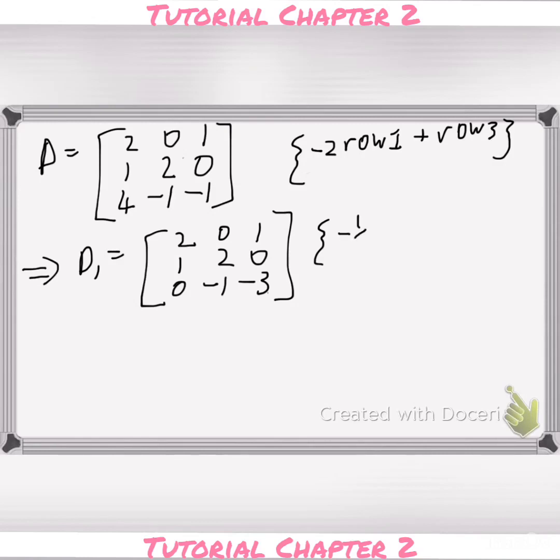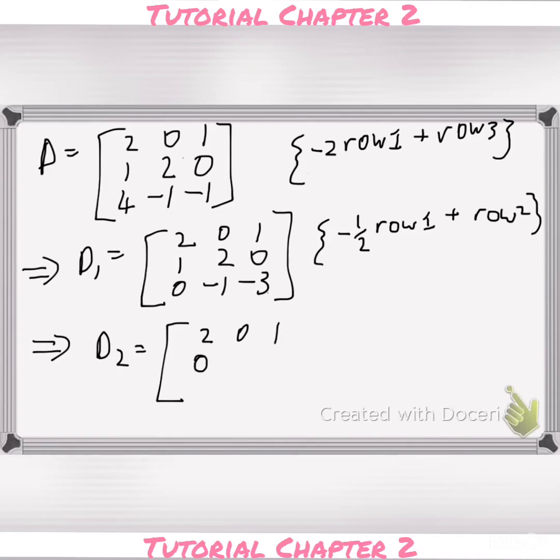So you're going to multiply the first row with negative a half, and you're going to add that to row 2. Okay, and that is going to give me a matrix D2, and D2 is going to be 2, 0, 1. It's going to be 0, 2, negative a half, and my last row is going to stay the same.